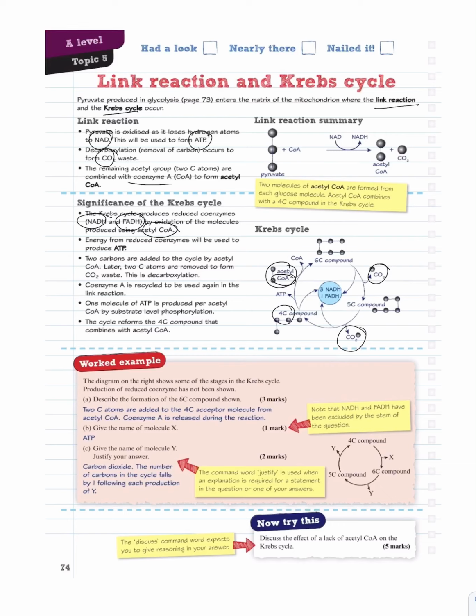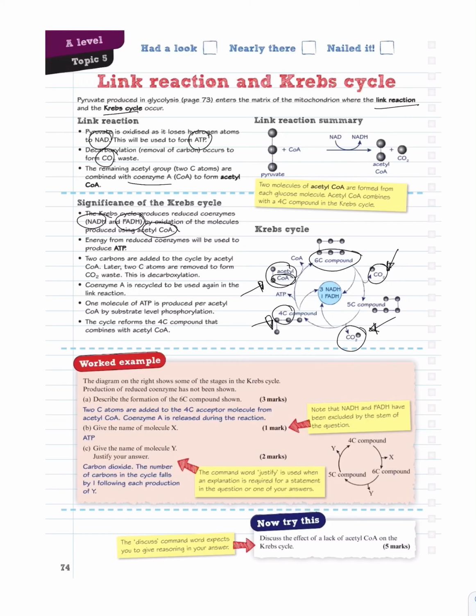Okay, talking about this. So what happens here briefly, we've got a 4-carbon compound that combines with a 2-carbon compound, acetyl-CoA, to make a 6-carbon compound. And then the 6-carbon compound will undergo decarboxylation to remove 1 CO2, and it will then undergo decarboxylation again to remove another CO2 to get the 4-carbon compound.